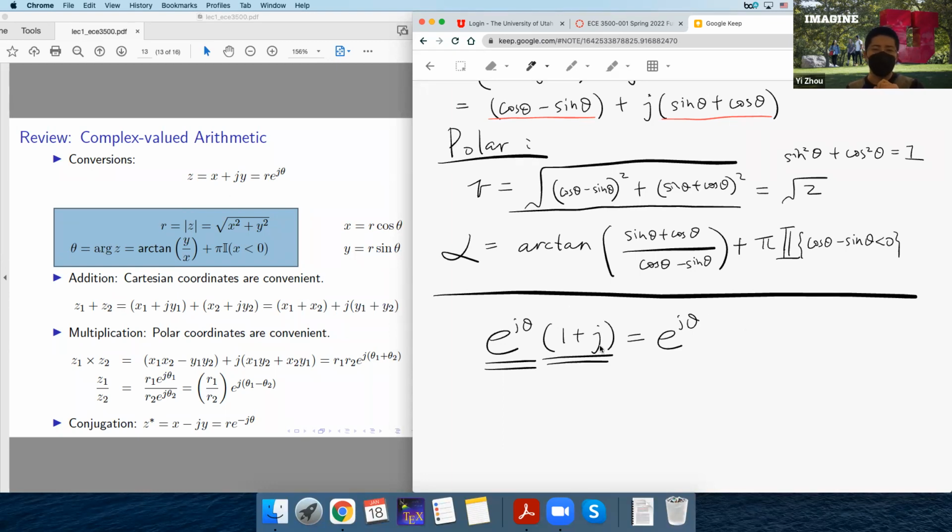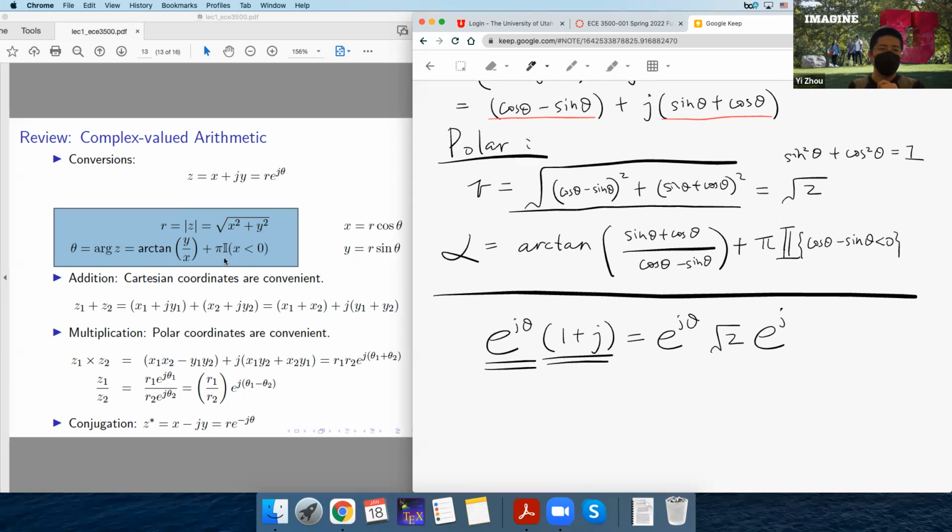You get the magnitude is the square root of 1 plus 1, so you have square root of 2. That's the magnitude of this part. And the phase: here the imaginary part is 1 and the real part is also 1. So looking at the phase formula, you have arctangent 1.